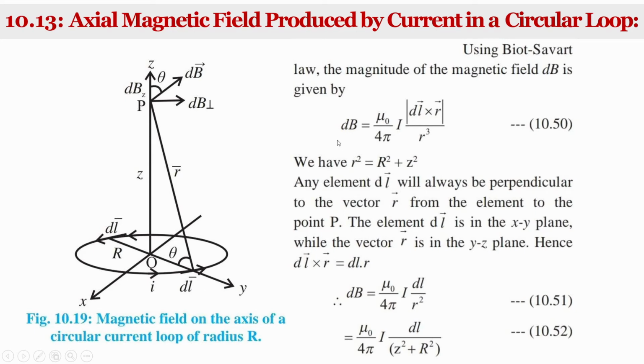Therefore dB is equal to mu naught upon 4 pi I dl r divided by r cube. So r cube gets cancelled, and the remaining is dB equal to mu naught upon 4 pi I dl upon r square. Let us substitute small r square, that is R square plus z square. So dB equals mu naught upon 4 pi I dl upon z square plus R square.